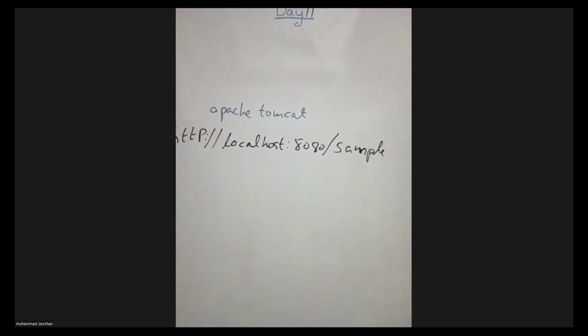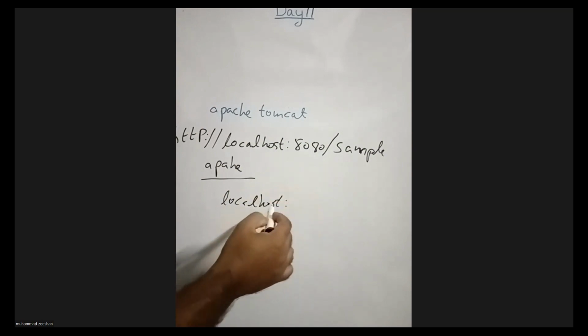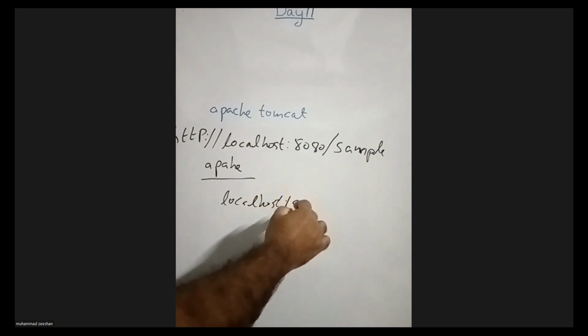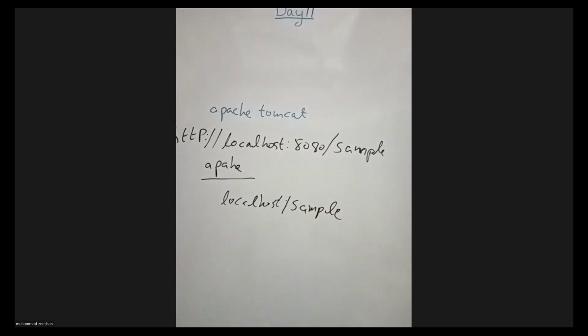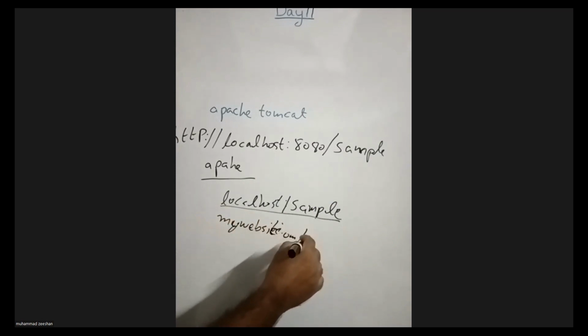Now what we want to do is install Apache. This is simple Apache. This is Apache-Tomcat. And we will tell Apache that if someone is browsing on localhost/sample, or mywebsite.com/sample, I only care about this word sample.